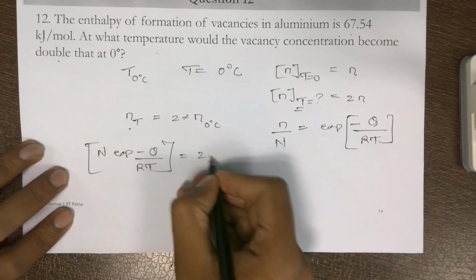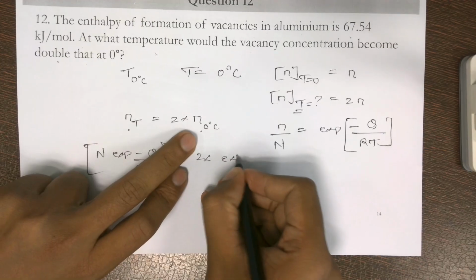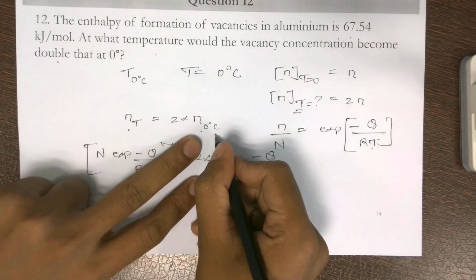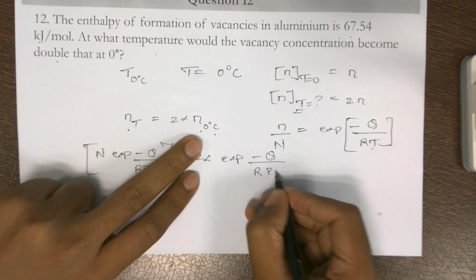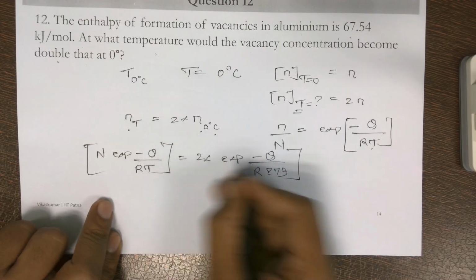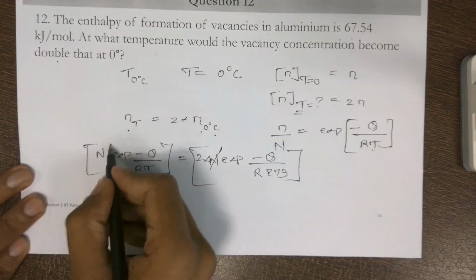It will be equal to 2 times that at 0 degrees Celsius, given by the exponential of minus Q divided by R T. 0 degrees Celsius, I can write in Kelvin as 273. Again, N will be there. So from here, N is cancelled out.